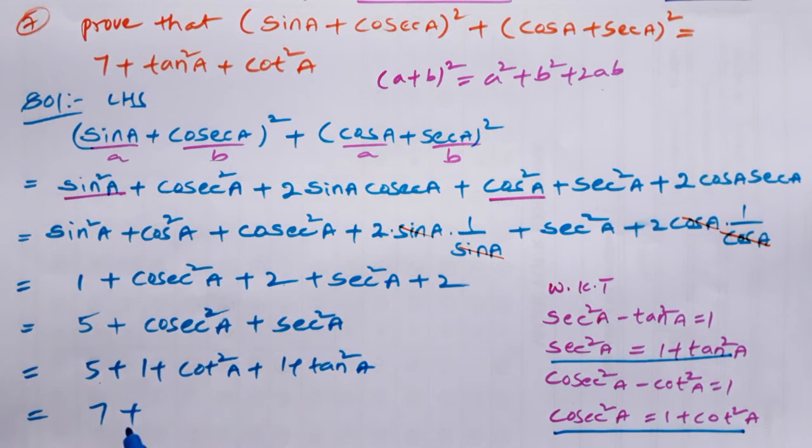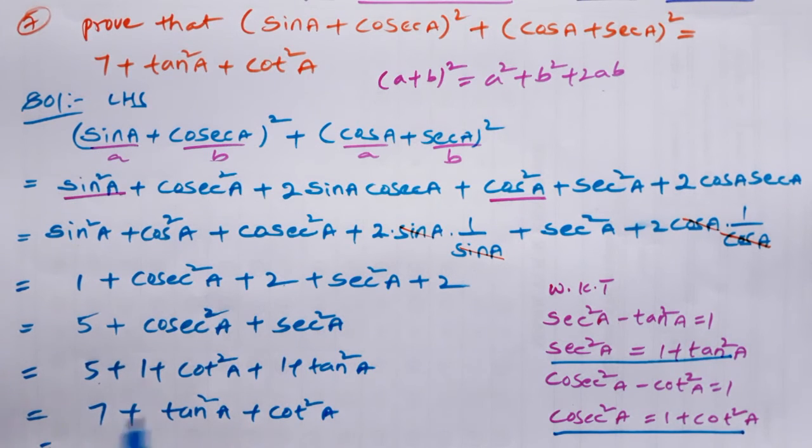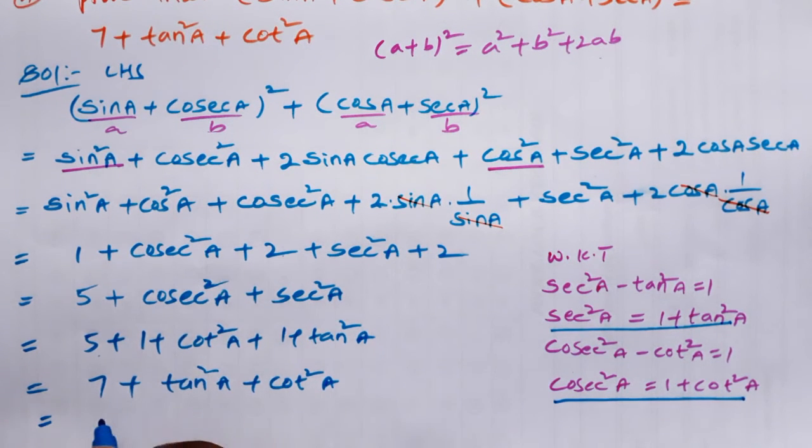So 7 plus tan square A plus cot square A. Tan square A here I wrote, plus cot square A here I wrote. We can write like this, no problem. That is equal to RHS.